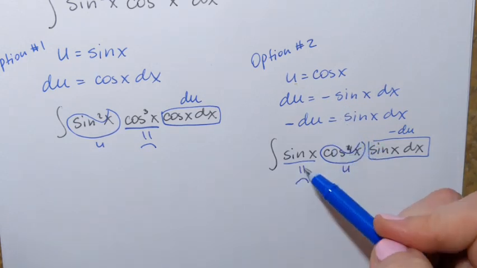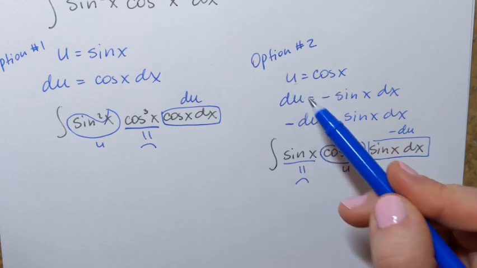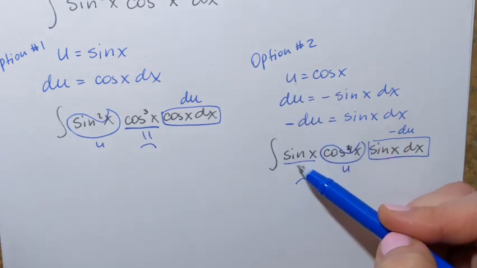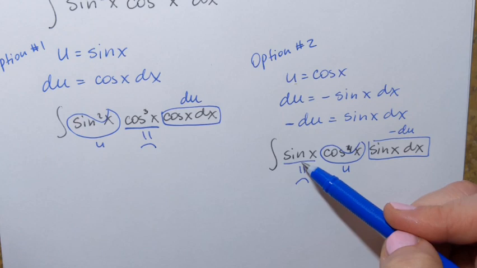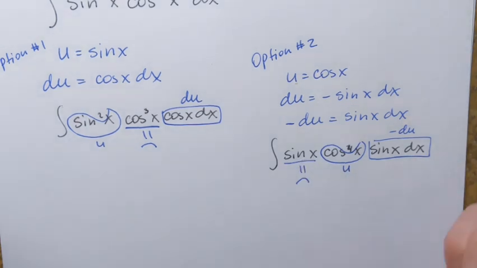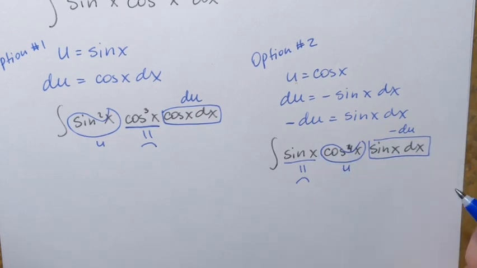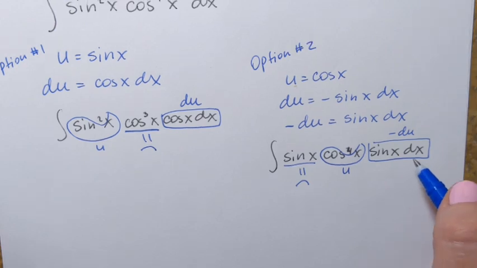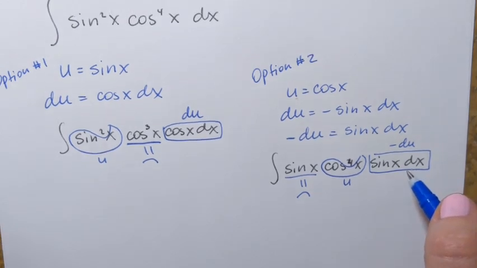That's what I would want to do, because cosine can be replaced with u, but all identities that relate sine of x and cosine of x involve second powers, right? So here's the problem again. Why have we experienced the same problem for both options?